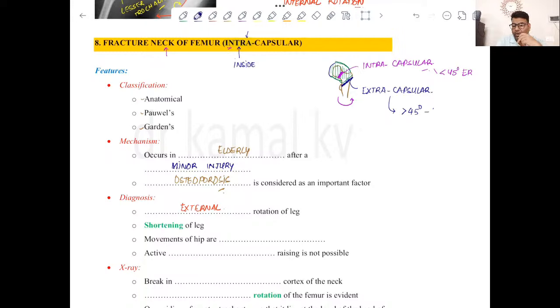So this is one important clinical difference between the two varieties, right?